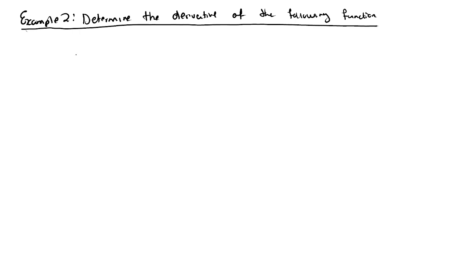So suppose you are given your function, which is y equals 3 root x, which is being multiplied by ln of x. And you are required to determine the derivative of this function by applying our knowledge of product rule.